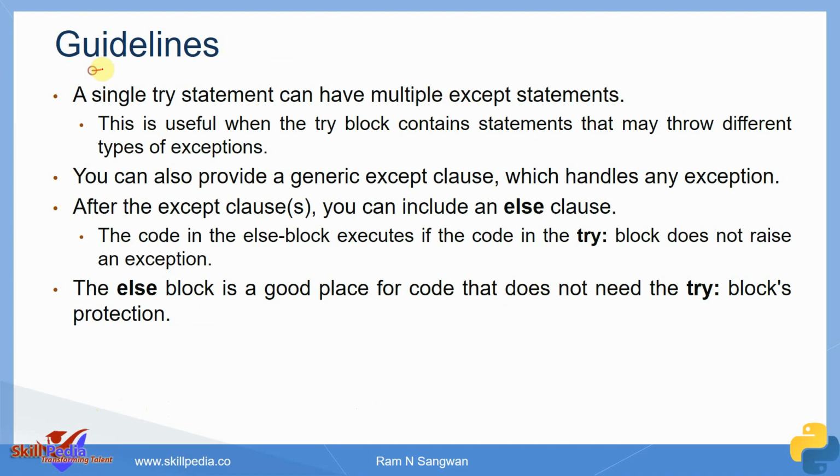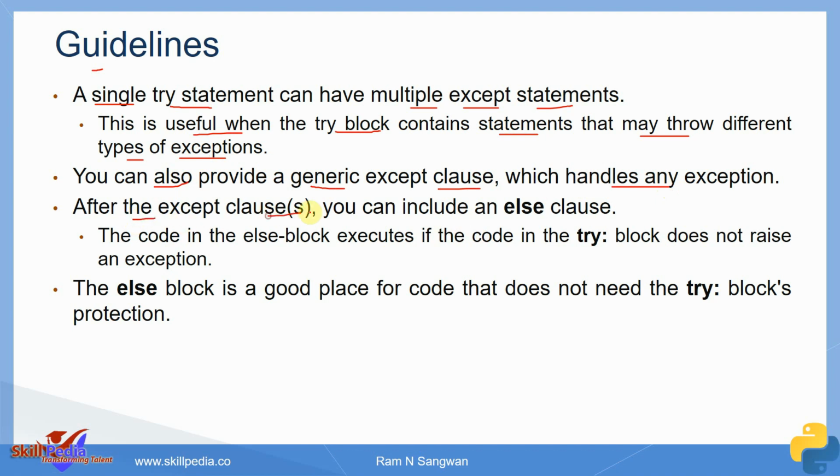There are some guidelines. A single try statement can have multiple except statements. This is useful when the try block contains statements that may throw different types of exceptions. You can also provide a generic except clause which handles any exception.